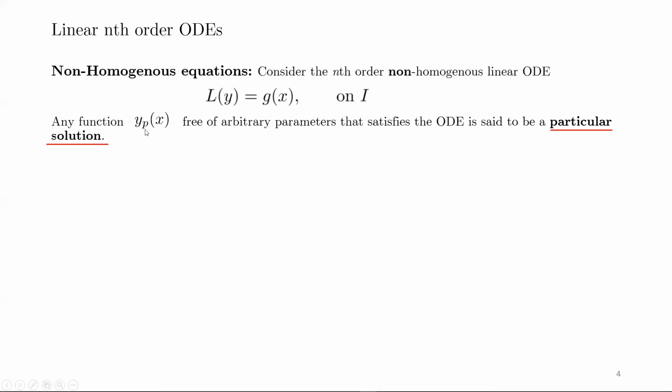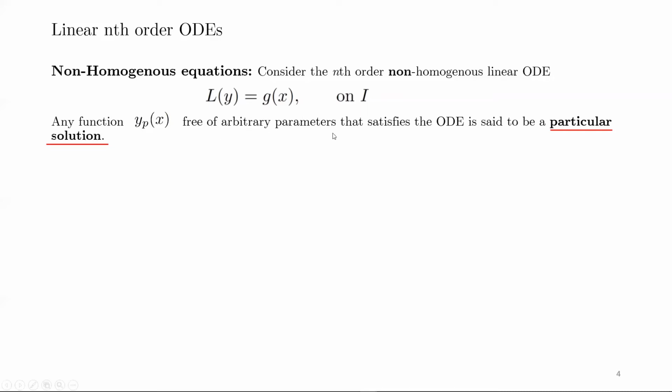Okay, the p in y sub p stands for particular solution. So any function that satisfies this nth order non-homogeneous linear ODE, we can call a particular solution, and the particular solution has to be free of arbitrary parameters.